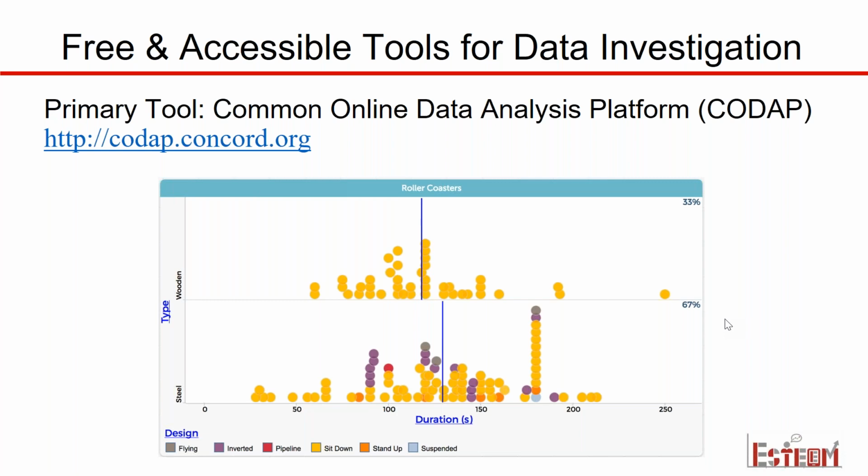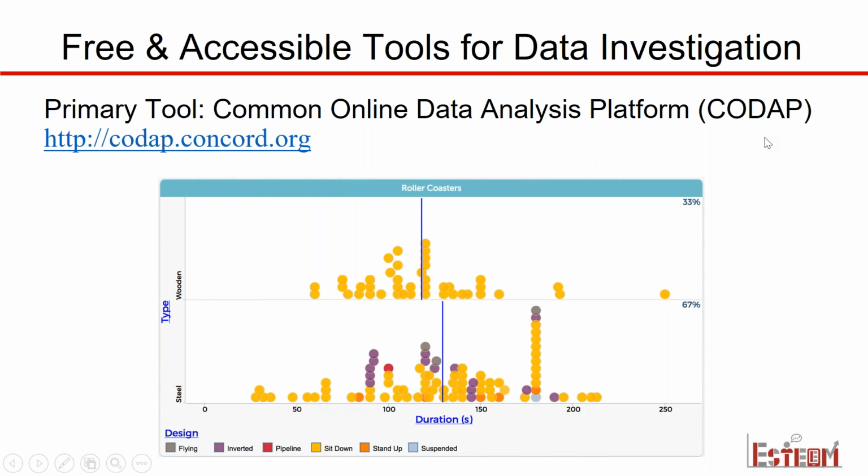As you saw, Bill Finzer is a co-PI on this project, and over the last 3 years we have implemented lots of new features in CODAP based on our understandings and research of what high school and middle school students could really use to make CODAP a usable tool in the classroom to meet the standards. This is our tool of choice because it's free and online, and requires no downloads.